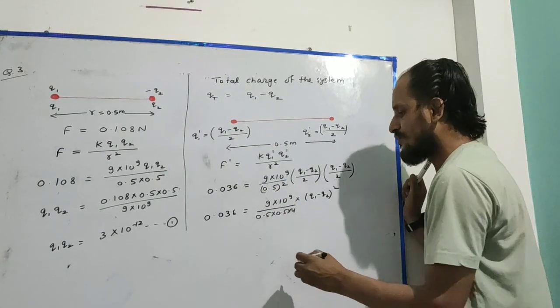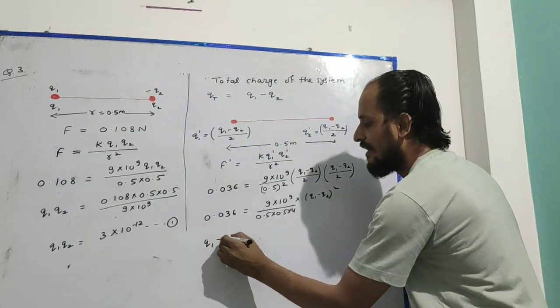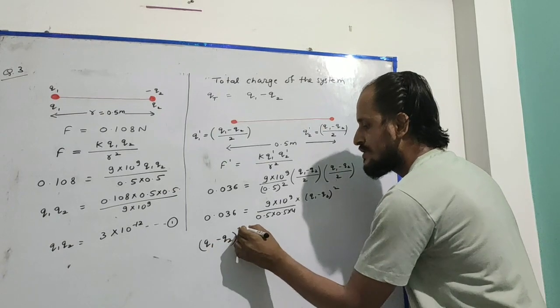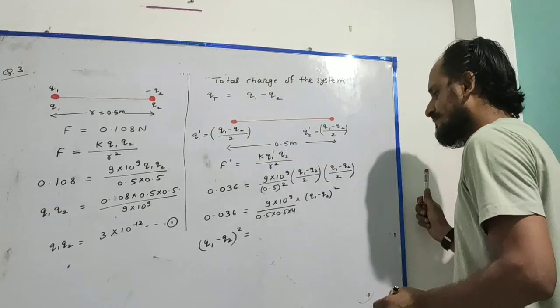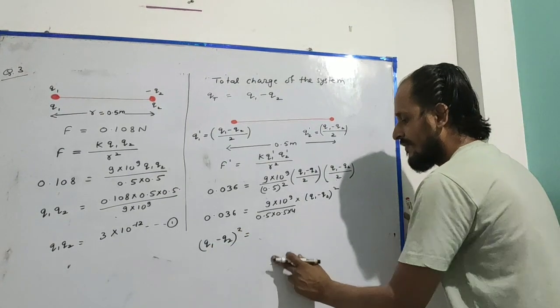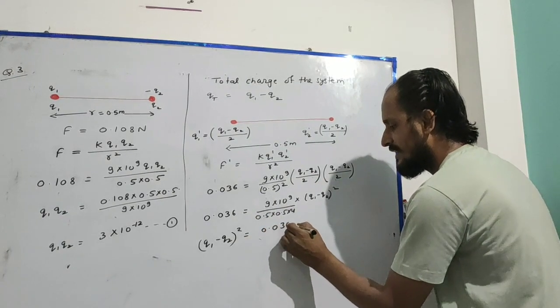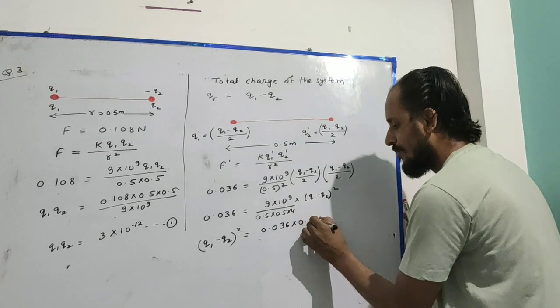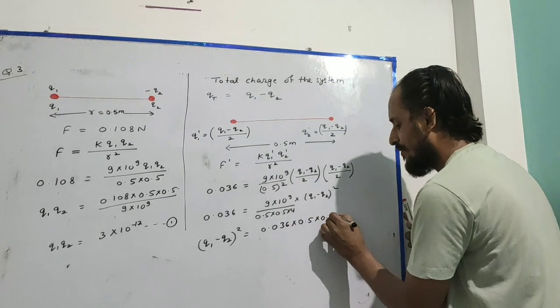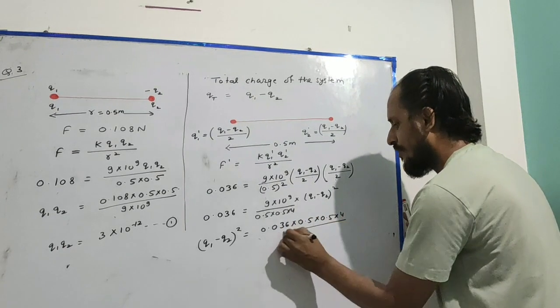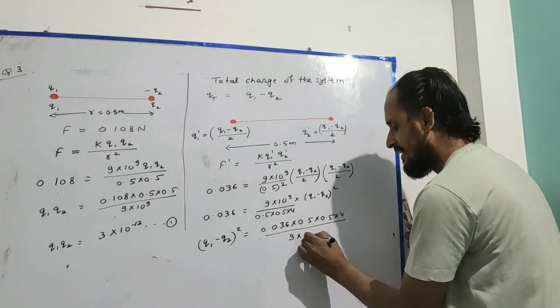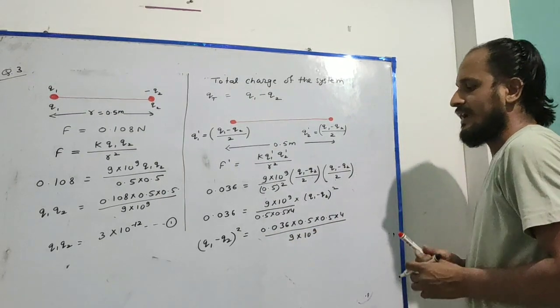Just transfer the values to the other side. (Q1 minus Q2) square is equal to 0.036 into 0.5 into 0.5 into 4 divided by 9 into 10 raised to the power 9.